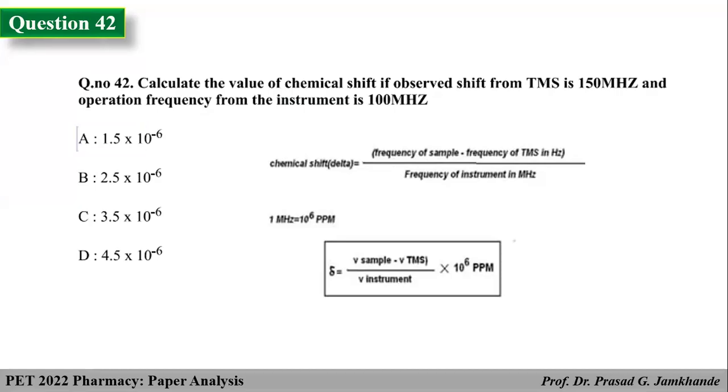The answer is 1.5. And to that, we multiply with 10 raised to minus 6. If you divide 150 by 100, you will get 1.5. It is related with the calculation part, and the correct answer is the first option.